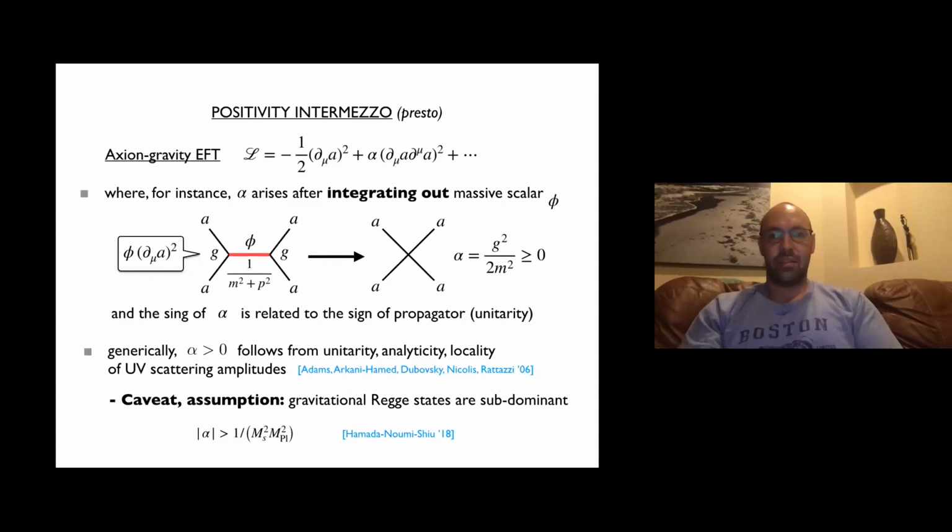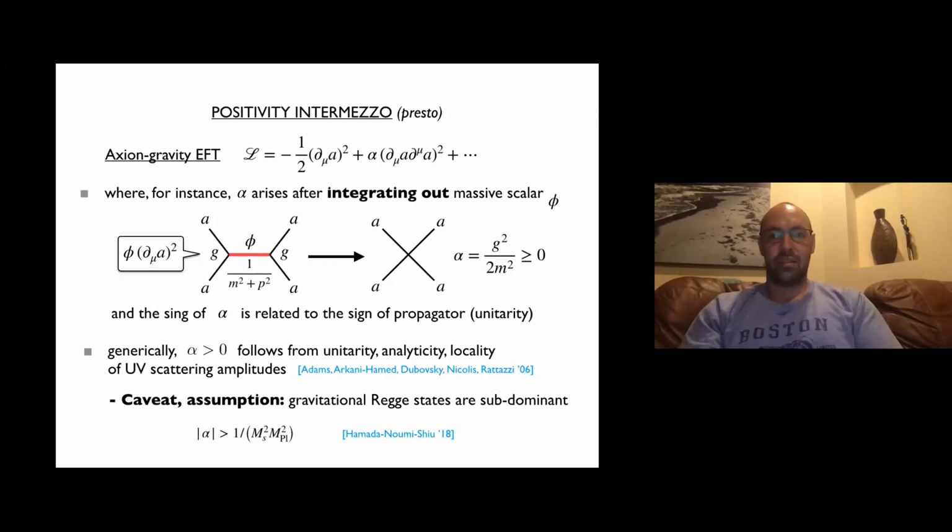how positivity works quickly. So take the simplest axion-gravity effective theory, and in this case, for example, the coefficient alpha can arise after integrating out, as I said, a massive scalar. In this case, the dilaton, for example. And in so doing, you have the dilaton coupling to the axion.